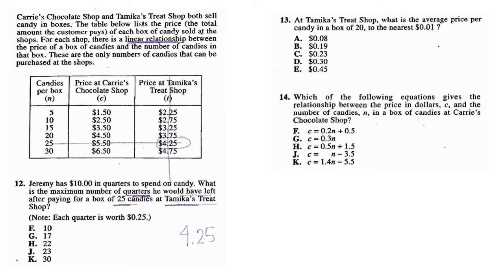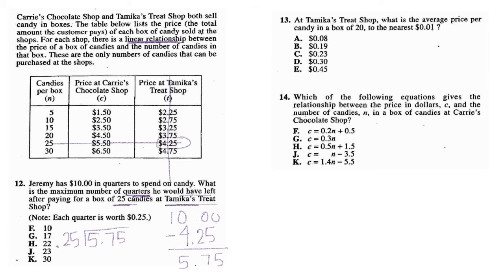We're probably going to have to say he's just buying one box, so what is $10 minus $4.25? That's probably going to be $5.75. And then we need to divide 575 by 25 cents.